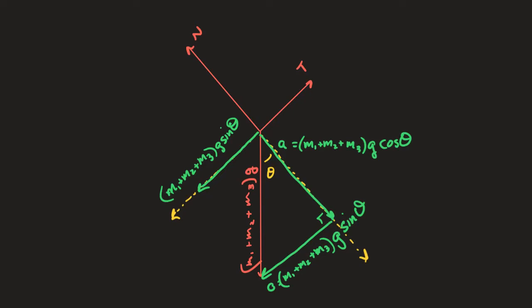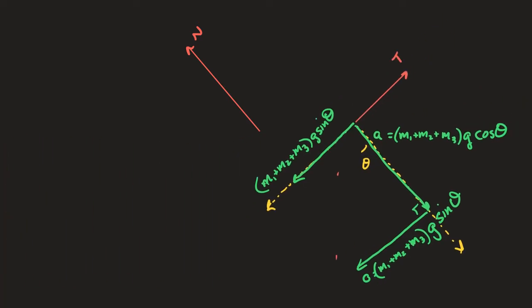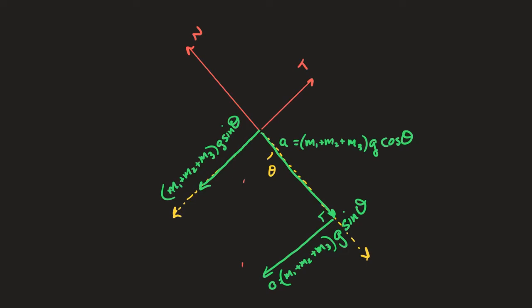Now, I could get rid of this red one, but I think this will let me erase that part. There we go. Get rid of all this extra stuff so I can focus on what's at hand.